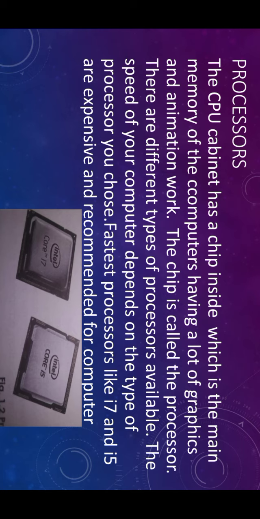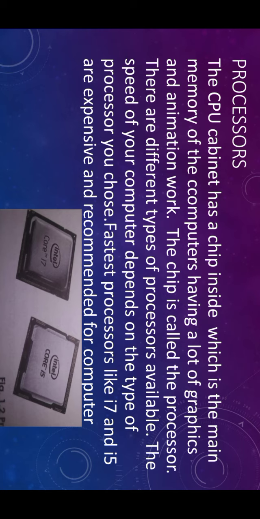Now let's talk about the processors. The CPU cabinet has a chip inside which is the main memory of the computers, having a lot of graphics and animation work. The chip is called the processor. There are different types of processors available. The speed of your computer depends on the type of processor you choose.